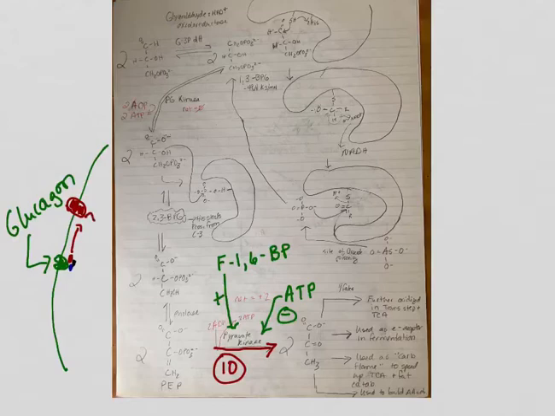We get the production of cyclic AMP. We get the activation of protein kinase A. And then one of the phosphorylation targets is, in fact, pyruvate kinase.